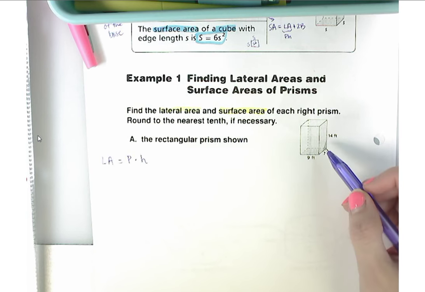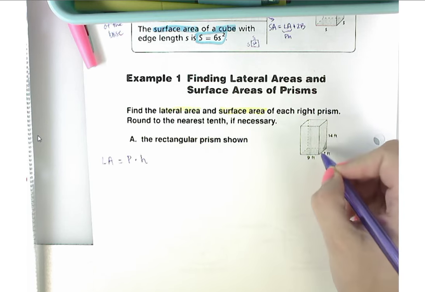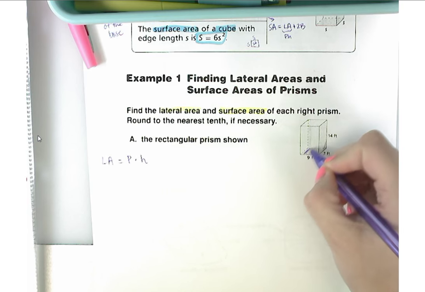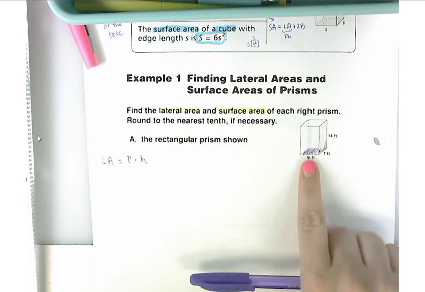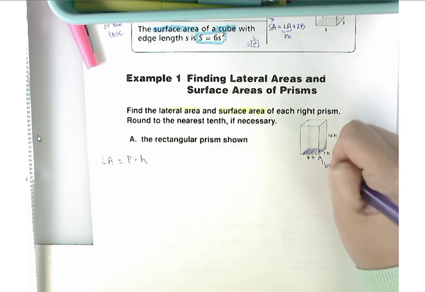So the P is the perimeter of the base. And the perimeter of the base is going to be the perimeter of this bottom rectangle. So this is going to be your base.